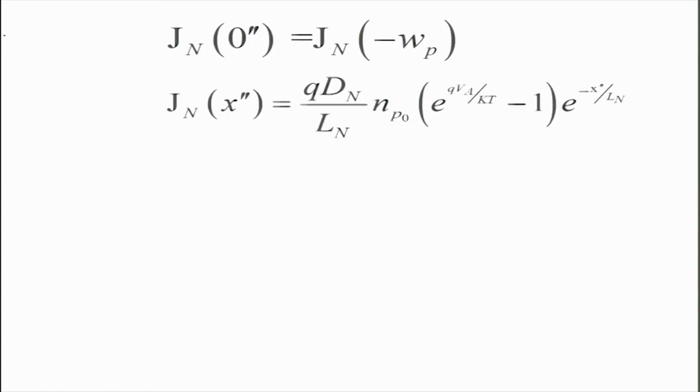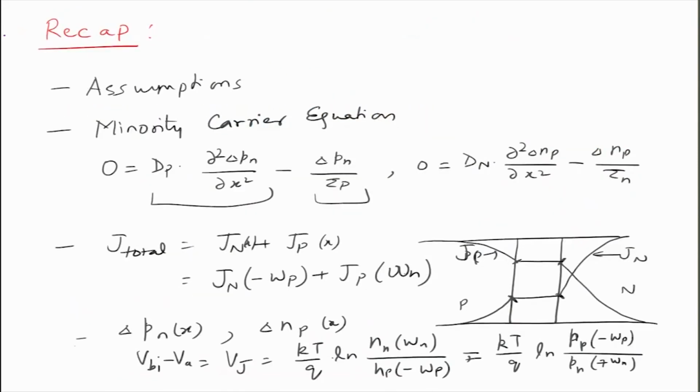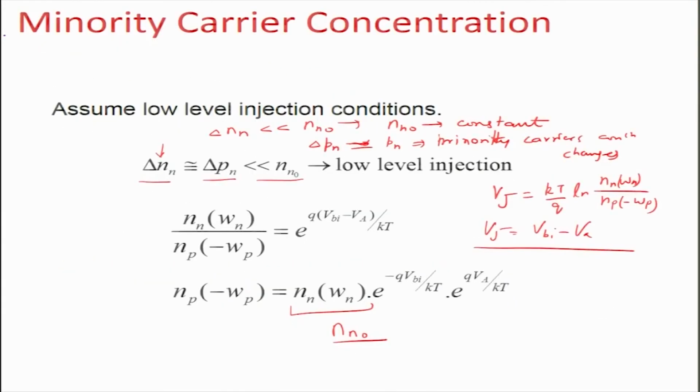So basically if I just recap this for the sake of clarity, what we did was we first worked out the electron concentration as a function of applied bias, and this is very simple from the junction potential expression.